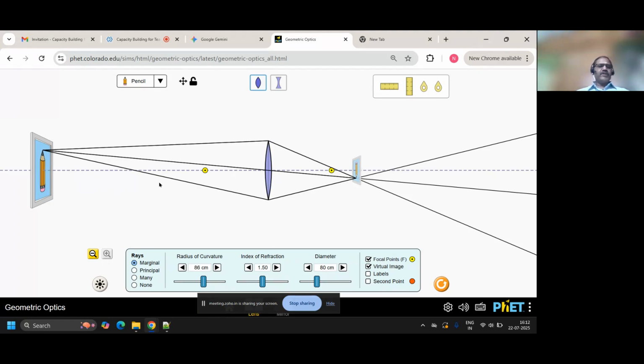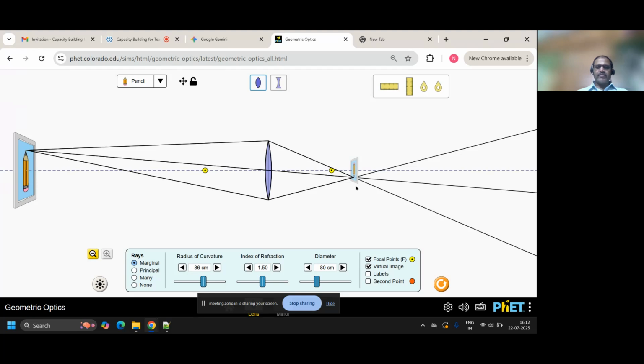If the object moves away from the lens, the image comes closer to the lens. I am moving it further away, the image comes closer. Next concept: if the object is moving away from the lens, the image gets smaller and smaller.